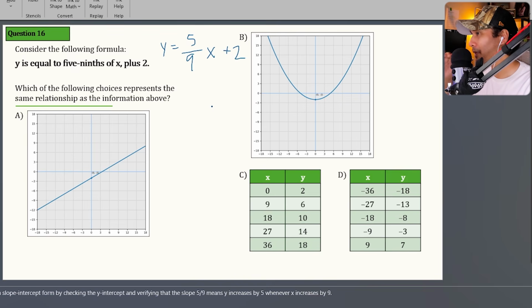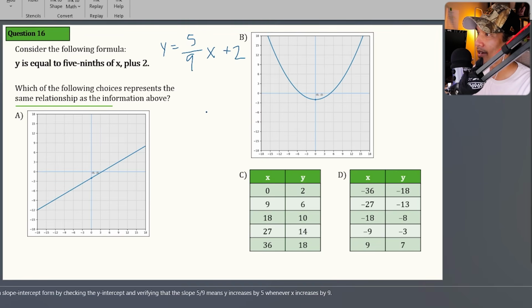So from this, do we know our slope and our intercept? Yes, we do. We know that our slope is 5 over 9. We rise 5 and run 9. I always have to say that out loud to figure it out. Rise 5 and then over 9. And it is positive.